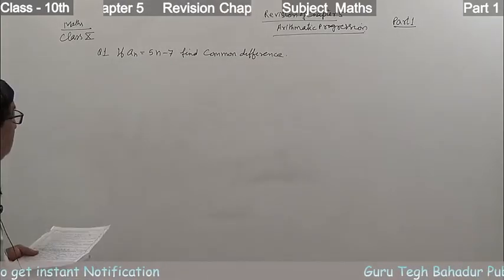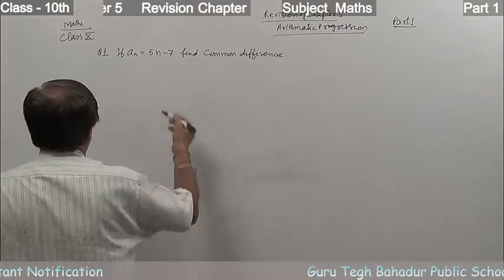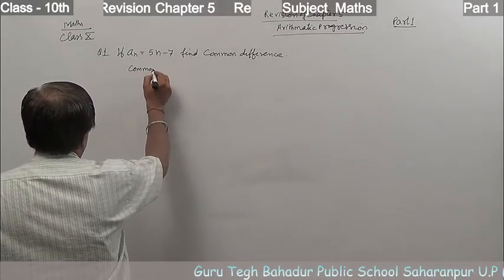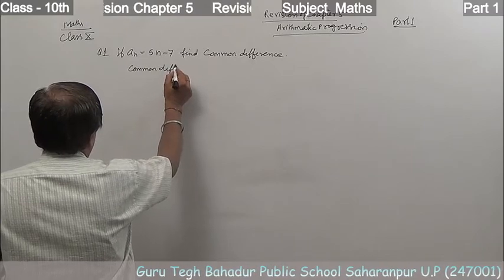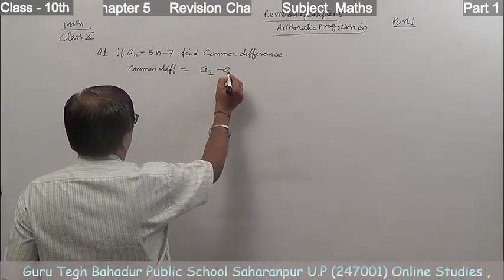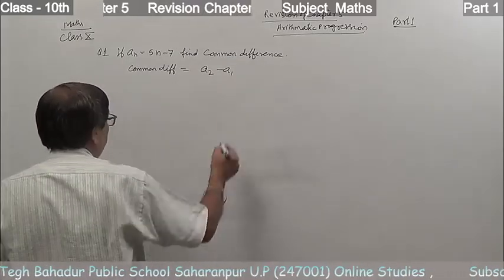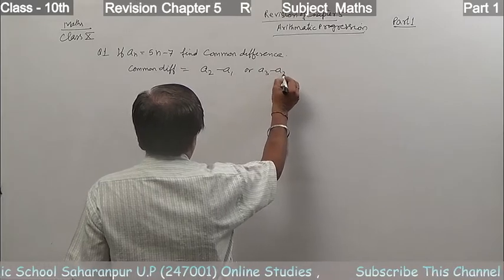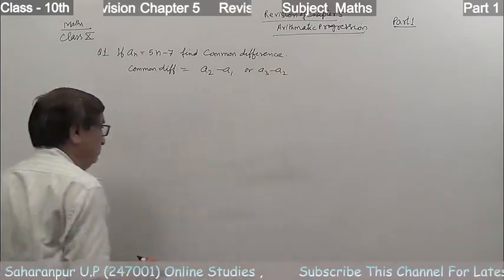So, in this question you know that the common difference is the difference between any two consecutive terms, like a2 minus a1 or a3 minus a2. Any value you can take.